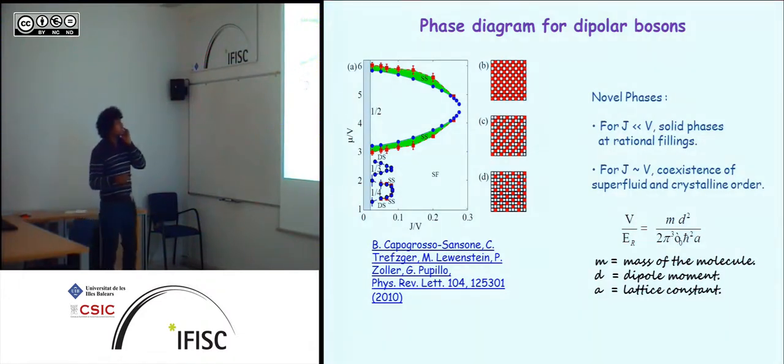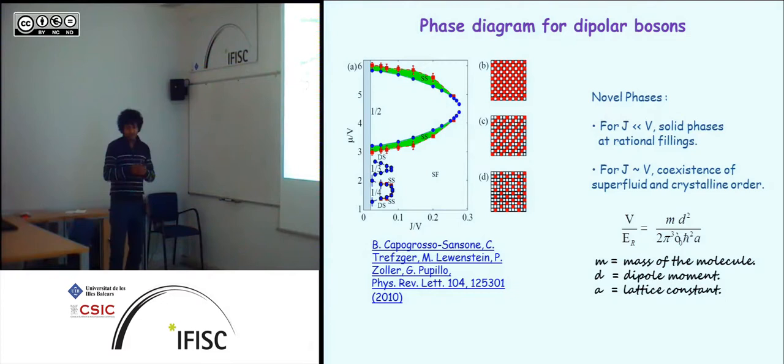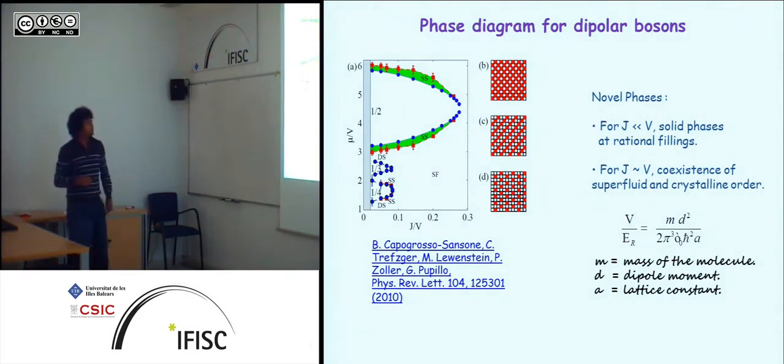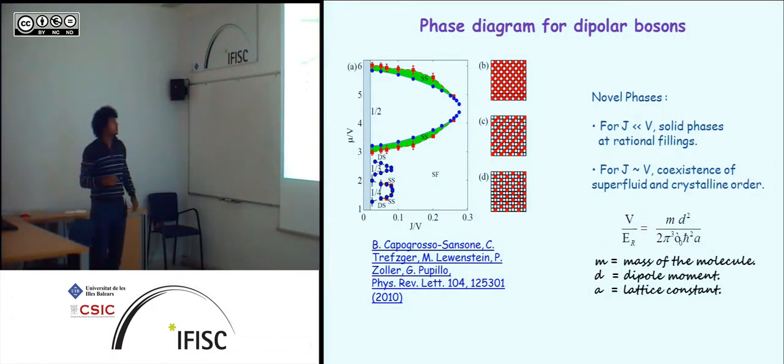What happens then is that if you include the fact that it interacts not only with the nearest site but with all the other sites because of the dipole-dipole interaction, then you get what is called a supersolid. You still have this structure, but you also see some superfluid density, meaning there is some diagonal coherence over the whole lattice.